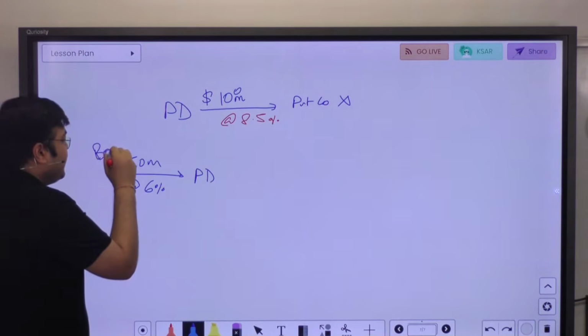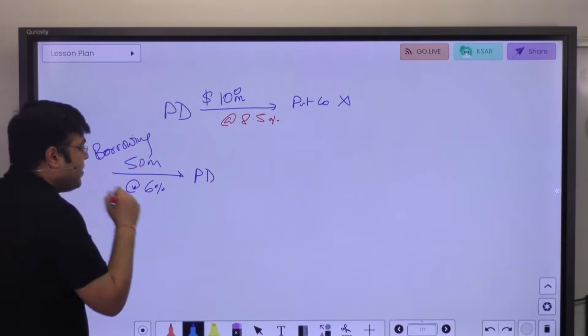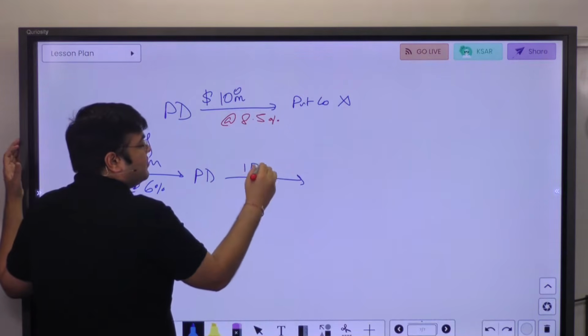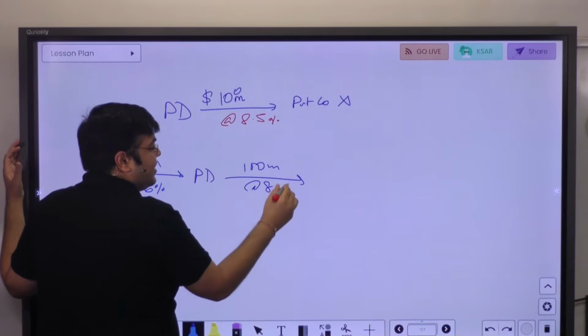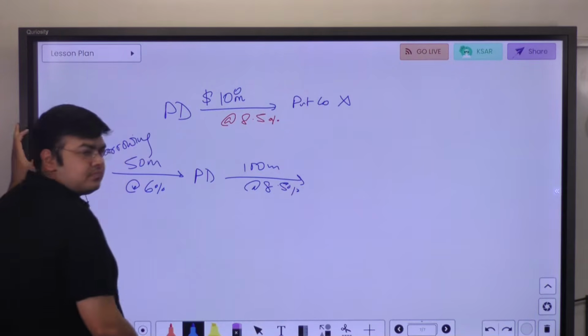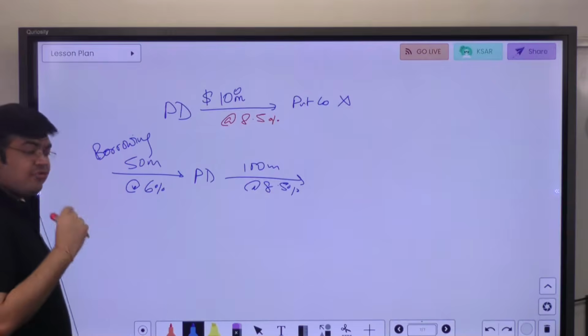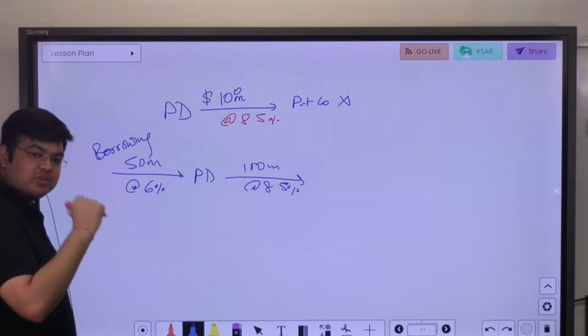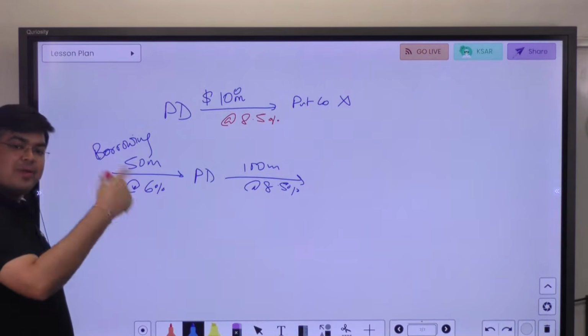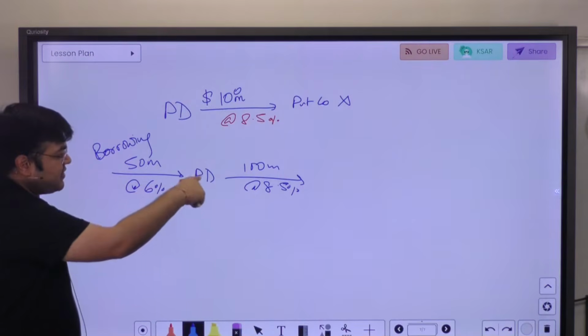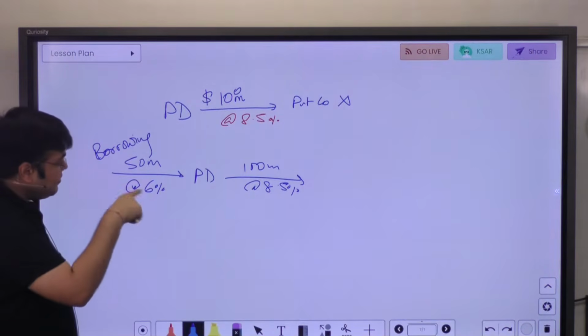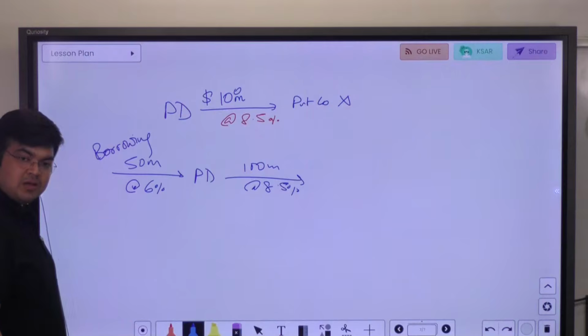I am borrowing and I'm going to lend this 100 million again at 8.5%. It's a leveraged loan because I'm borrowing, I am leveraging and then investing. 50% of the investment I am sponsoring myself, 50% of the investment is from borrowed money.